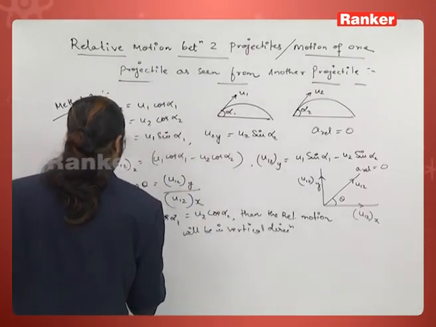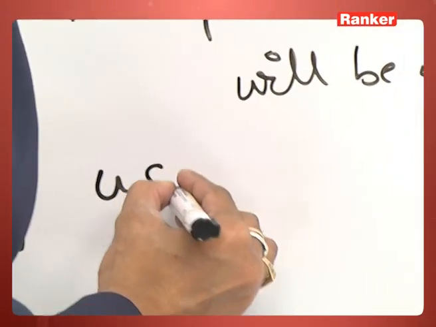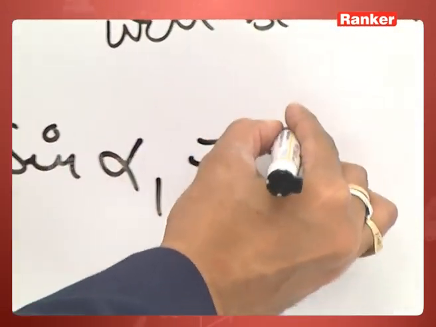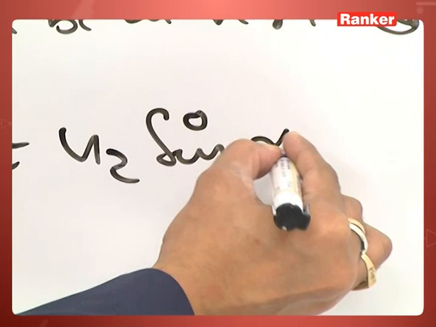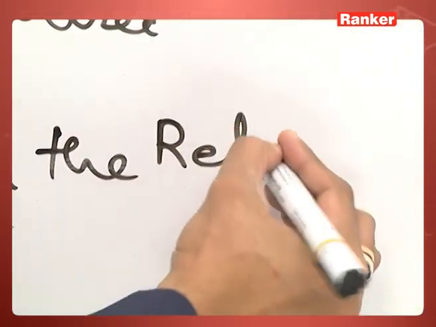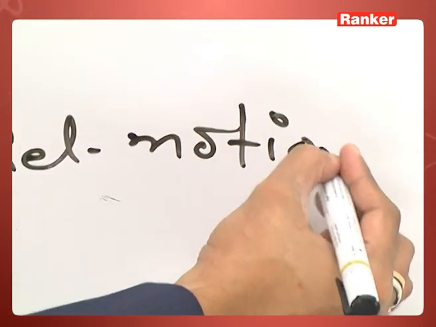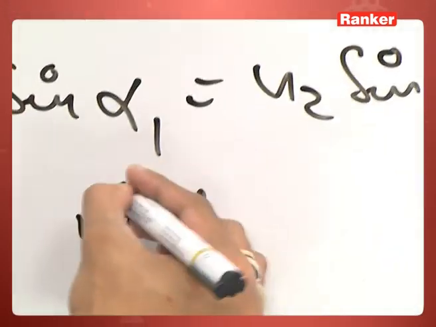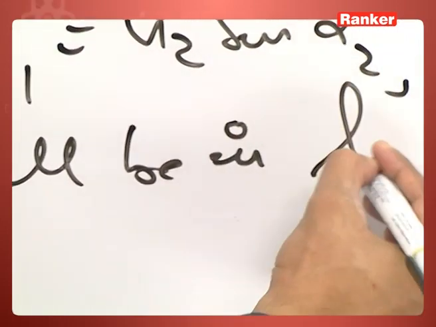Now if u1 sin alpha 1 is equal to u2 sin alpha 2, then the relative motion will be in horizontal direction.